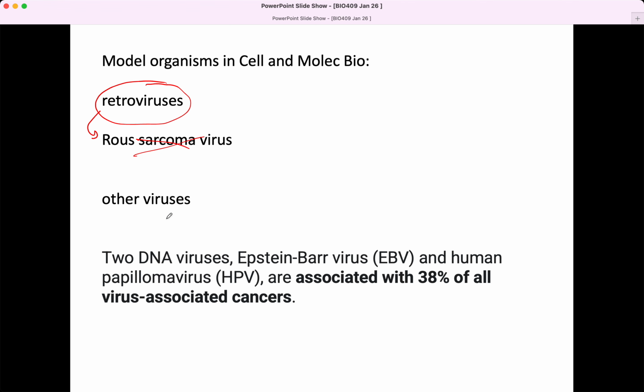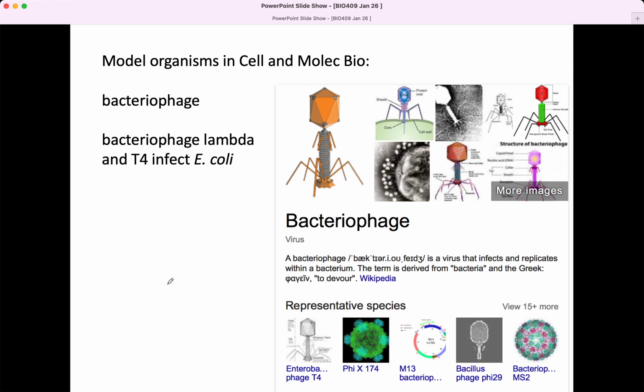And then there are some other viruses that we'll talk about in our chapters on cancer, because, for example, these DNA viruses are found in certain cancers and are associated with helping to cause the cancer, like that.